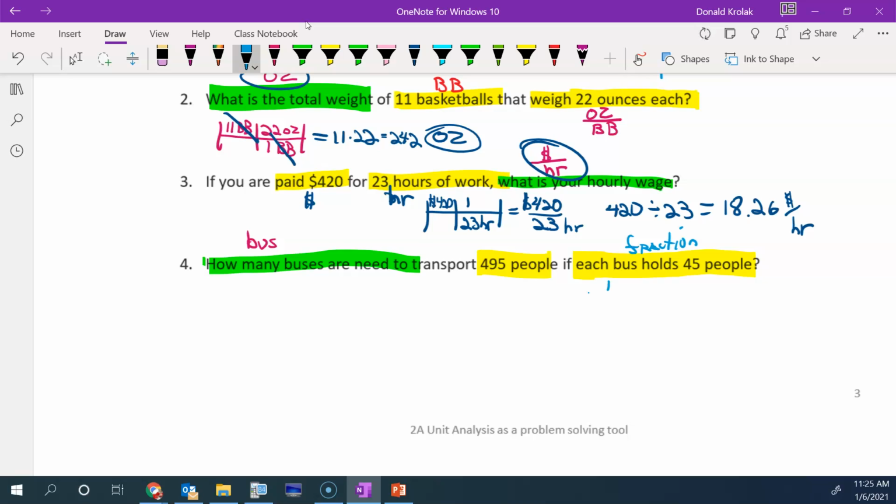I can write it as one bus is 45 people, or 45 people per bus. And this is just people. Now, which way you write it just depends on what label you want to get rid of. Right?